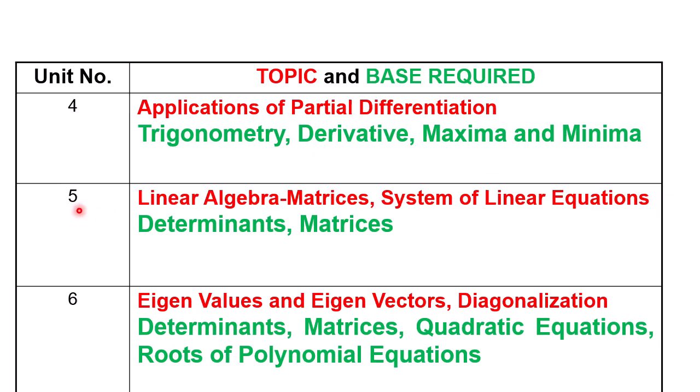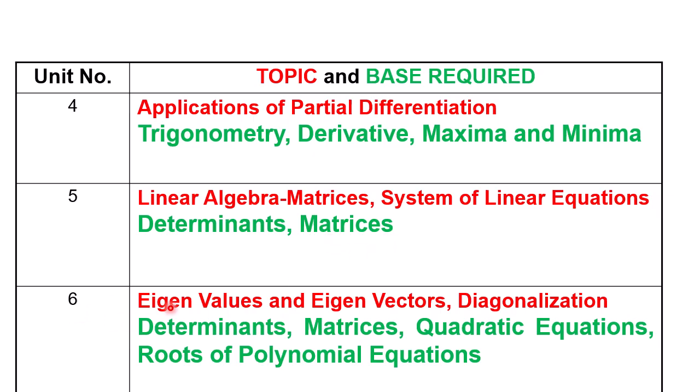Unit number 5, which is linear algebra, covers matrices and systems of linear equations, and obviously we require basic knowledge of how to evaluate a determinant and the basic properties of matrices.